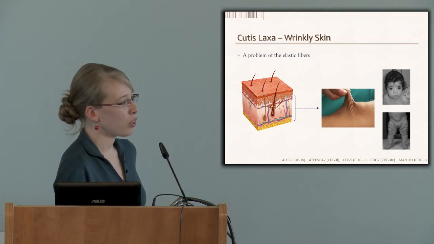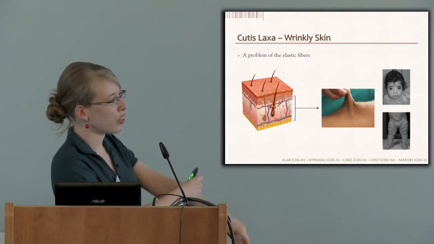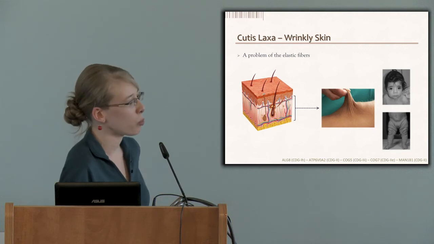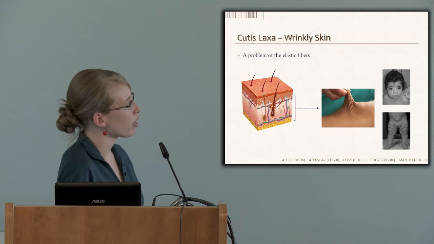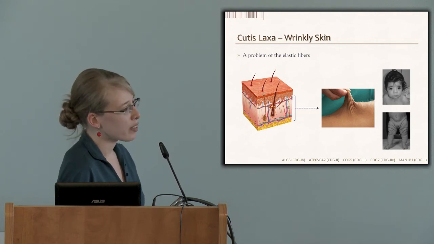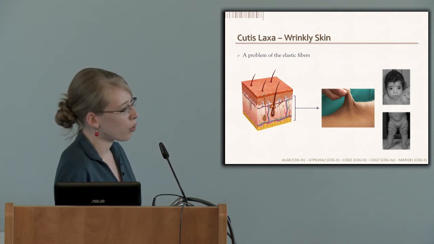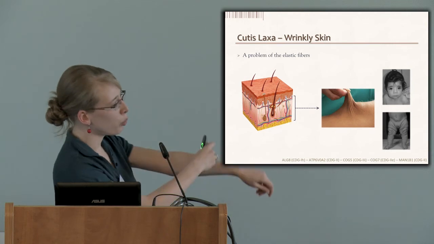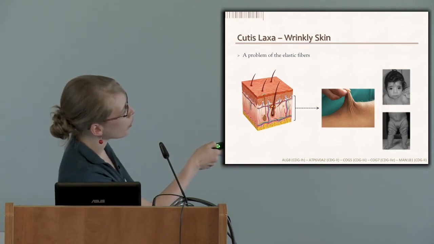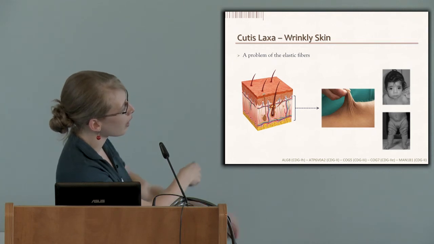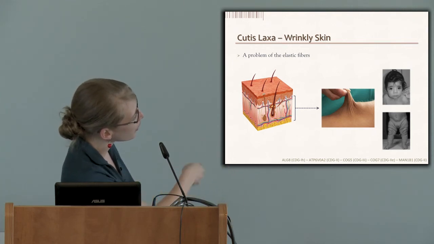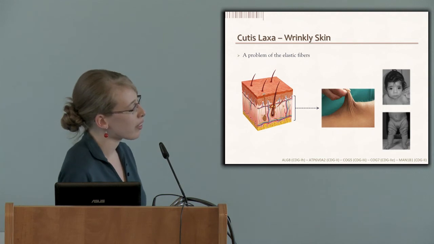Only when you get around 100 years will you see that this is not working anymore, because our elastic fibers are getting old and we get a really wrinkly face. In patients with cutis laxa, this is already going on from birth. So they pull their skin and you see what is happening. It stretches very far away from the surface, and it won't bounce back nicely.